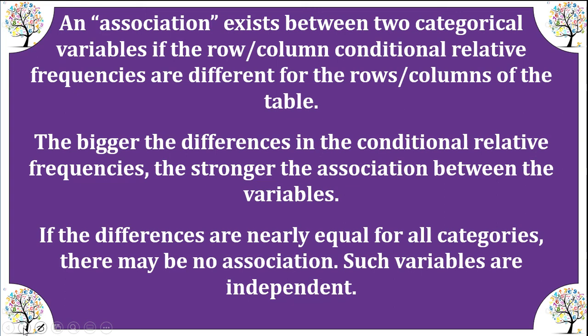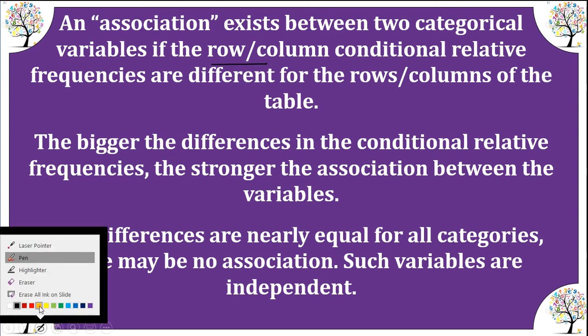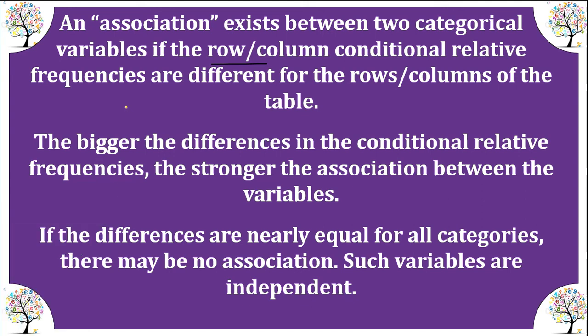So an association exists between two categorical variables if the row or column conditional relative frequencies, what we just did, are different. So the bigger the difference, the bigger our percentages, so we had 79% compared to 21% of gifted folks that have extracurriculars and those that do not have extracurriculars, you could see there's a big difference.